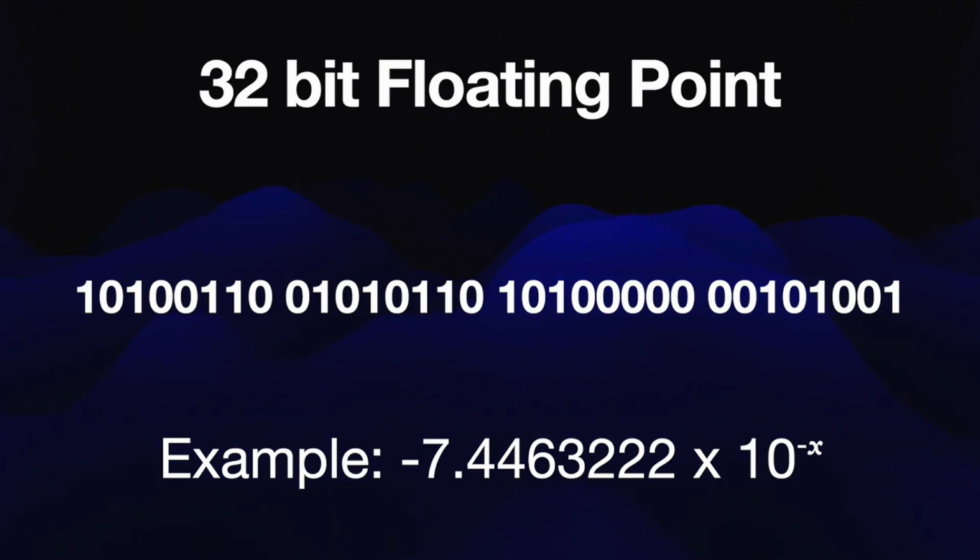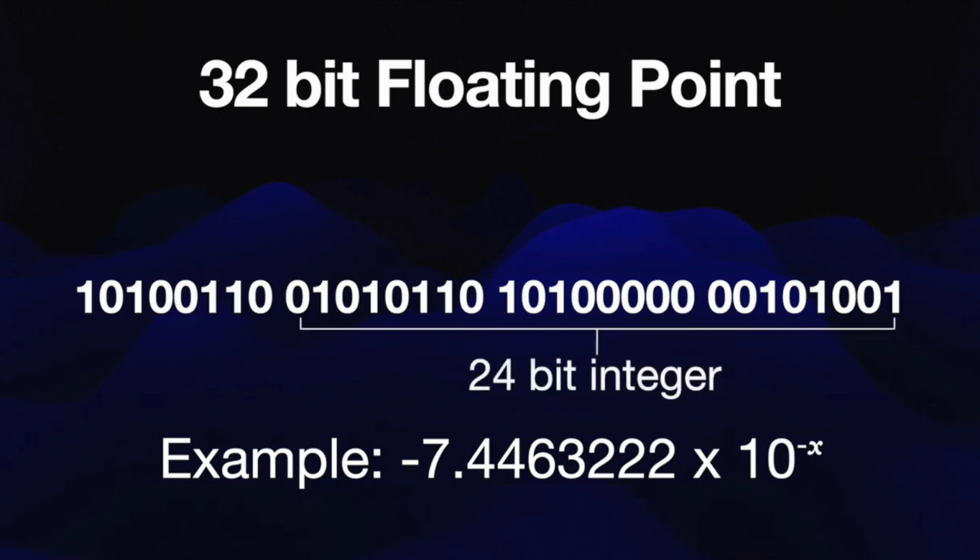And so you have a number that's still 24 bits taken to an exponent, which is 7 bits, and you have an extra bit for positive or negative. So you end up with this huge range of numbers.